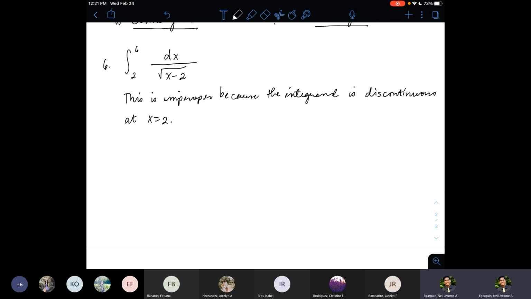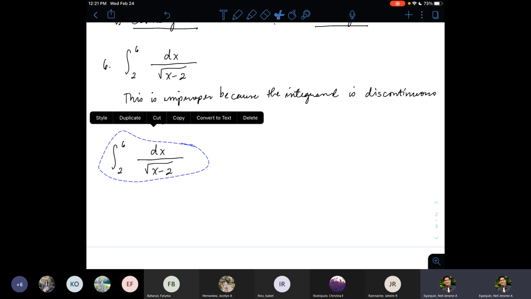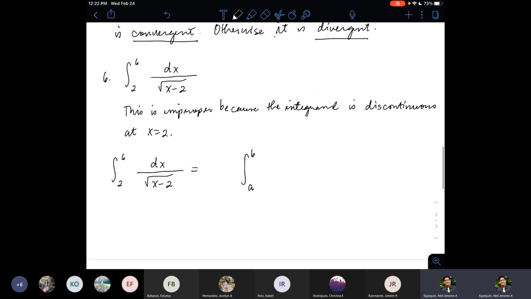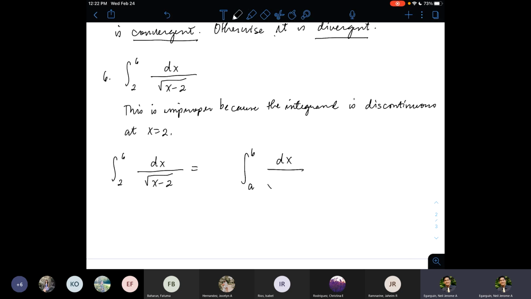So since we have resolved that it is improper, and we know what causes the integral to be improper, what we do is turn the integration problem into a limit problem, meaning we change the cause of the discontinuity into another variable. I'll call it, say, the variable a. You can use any other variable you want aside from x. So, the integral from a until 6 of dx over root of x minus 2, and we take the limit as a approaches 2 coming from the right.